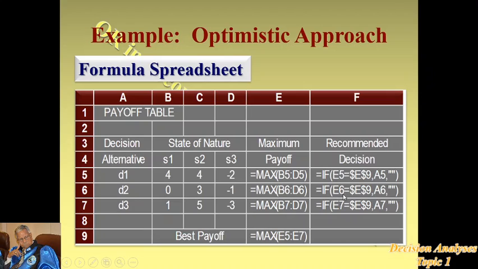If A6 equals E9, then the decision alternative in A6, D2, and the same for D3.